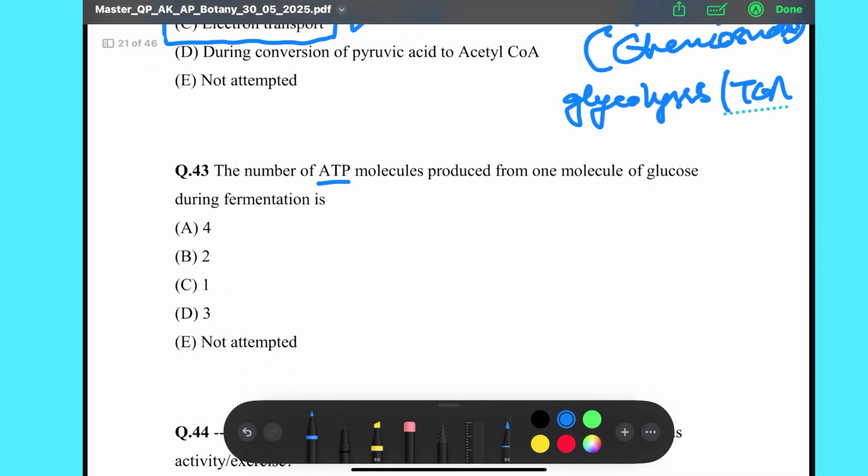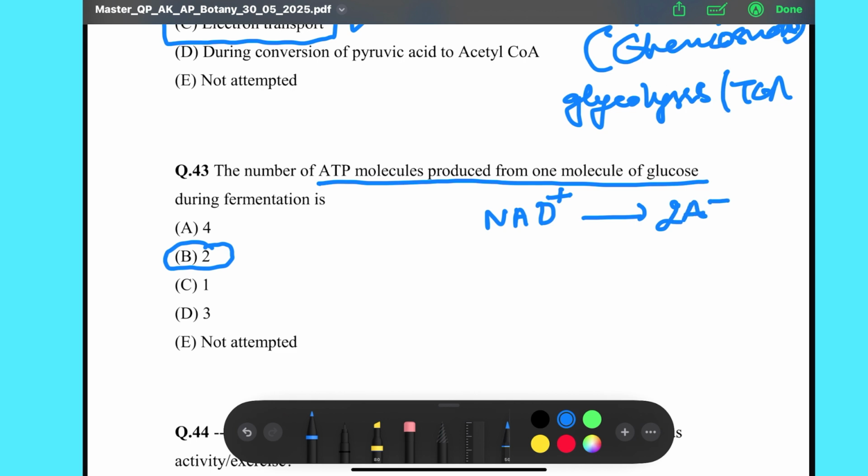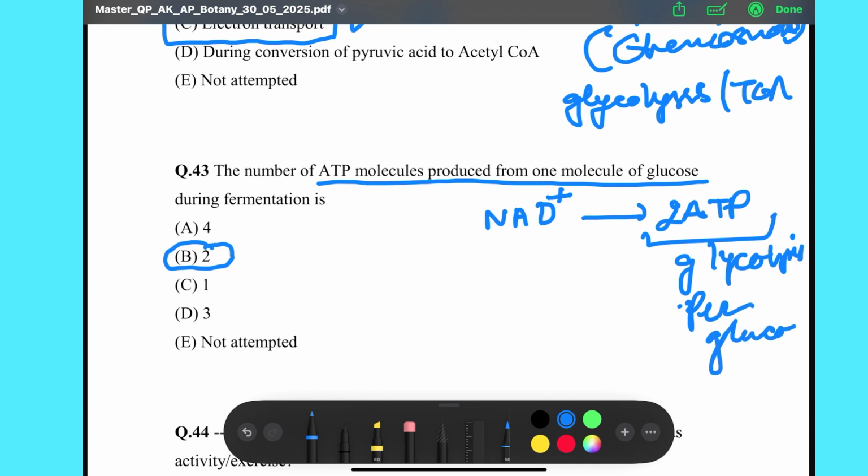The number of ATP molecules produced from one molecule of glucose during fermentation is, the answer is simple, it's 2. Fermentation regenerates NAD plus but yields only 2 ATP, produced in glycolysis per glucose molecule.